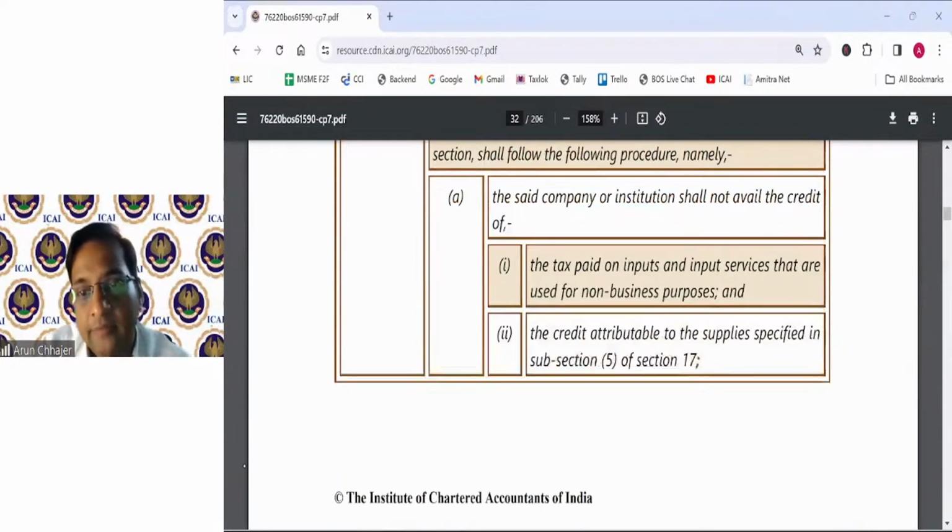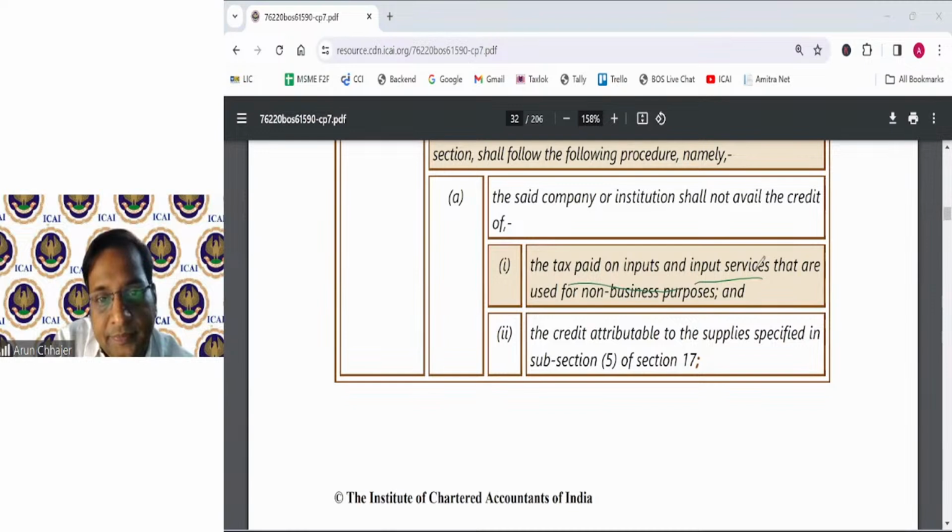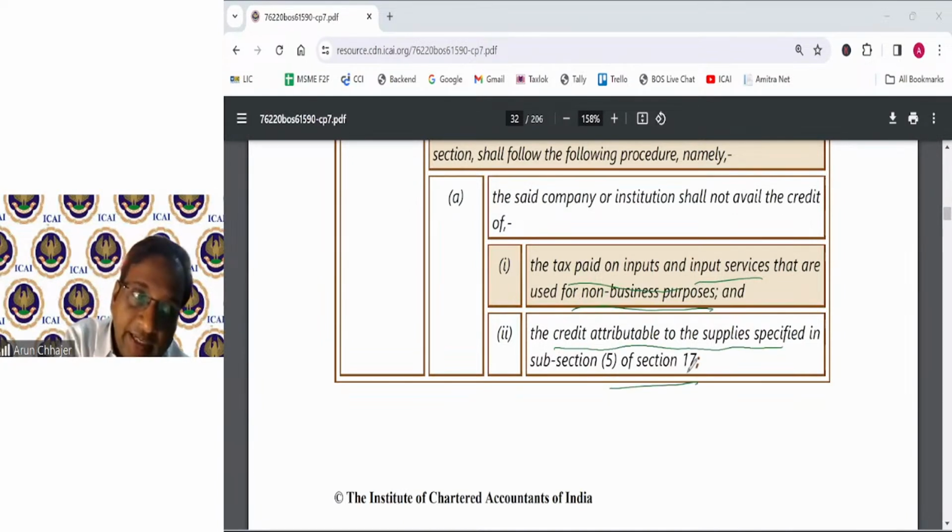What is that procedure? That said company or institution shall not avail the credit of tax paid on input and input service that are used for non-business purpose, and the credit attributable to 17.5, that is block credit.